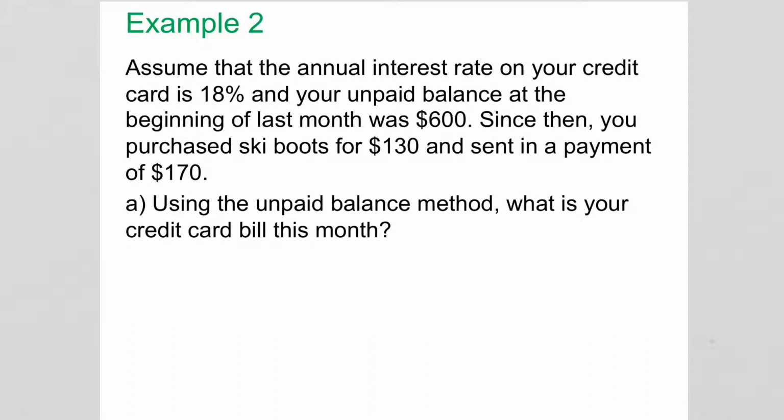So assume that the annual interest rate on your credit card is 18%, and your unpaid balance at the beginning of last month was $600. Since then, you purchased ski boots for $130 and sent in a payment of $170. So your finance charge on the last month's balance is your interest.